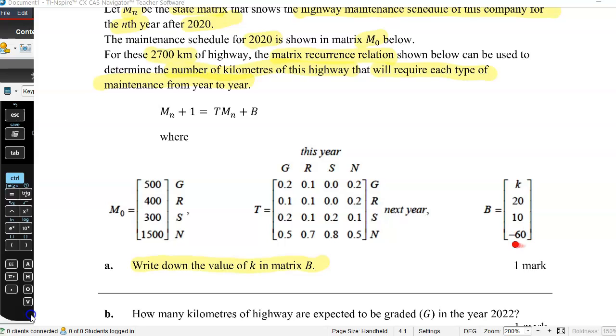We've taken out 60, there's 10, 20, so 30 have been put back. So that means K has got to be 30, okay? We're putting in 30 kilometres there. We're taking out 60 here, so we've got to put back in 60, so that from year to year we're not doing any more or any less than 2,700.